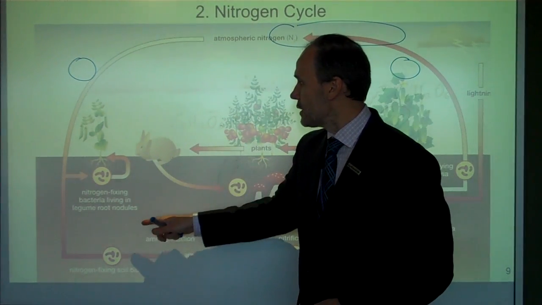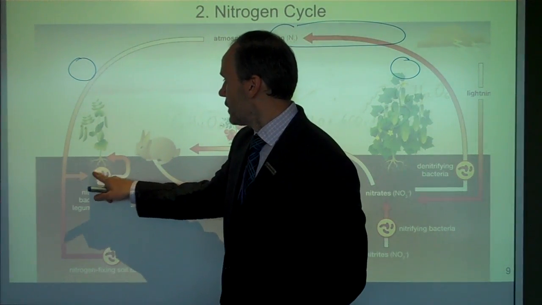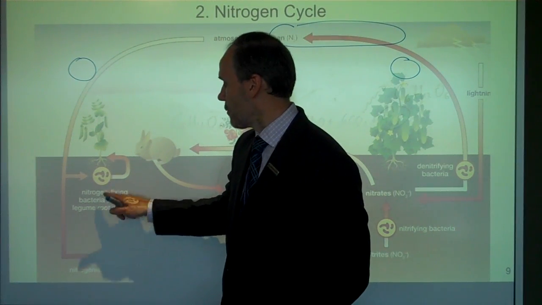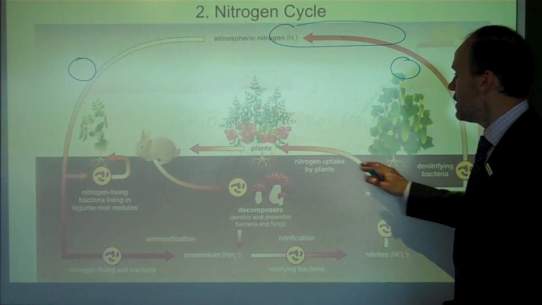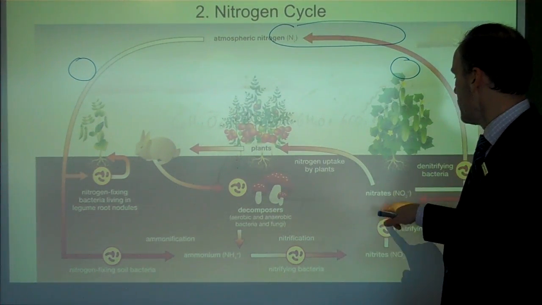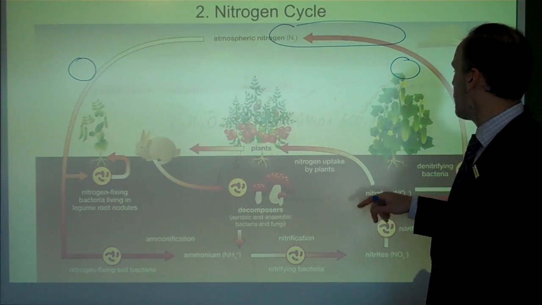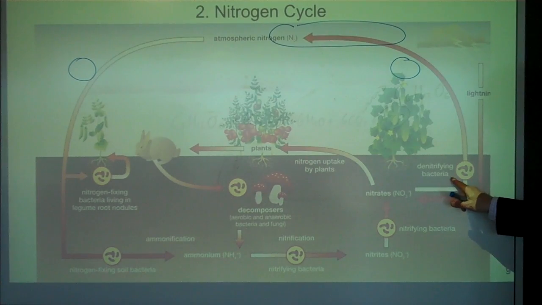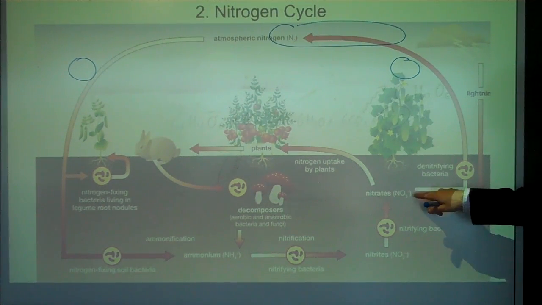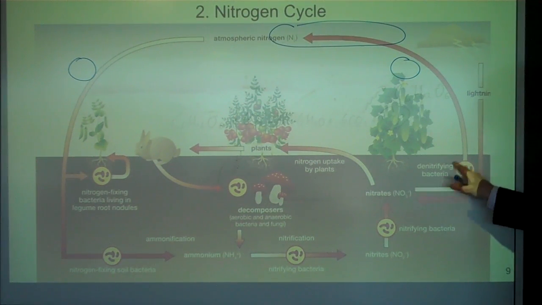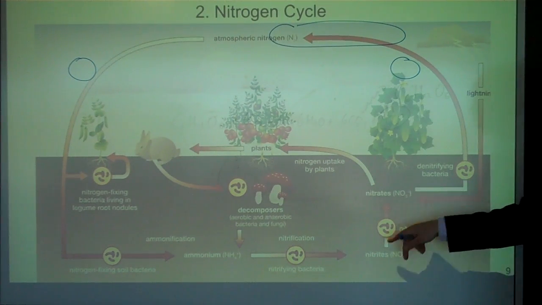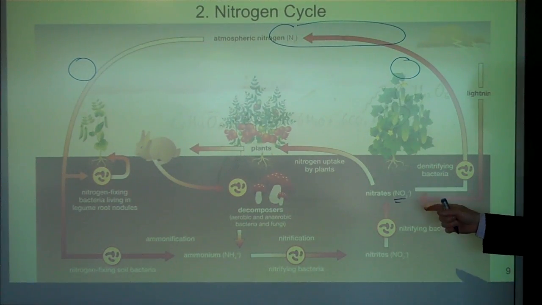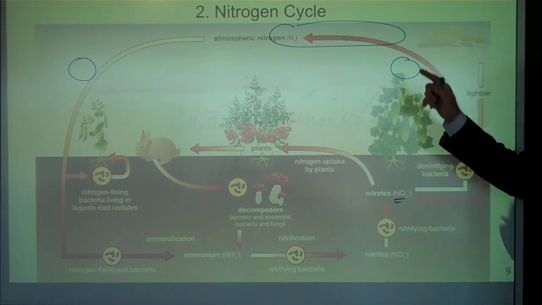So in this particular cycle, the legumes can immediately use the nitrogen provided by the nitrifying bacteria, but other plants need to get down to nitrate and then subsequently can use it. Denitrifying bacteria seem to gum things up. They're not gumming it up, they're just part of the cycle, but they take this valuable nitrate and they release nitrogen gas. So after all of these steps to get to this point here, the part where plants can actually utilise this resource, these bacteria will return it.